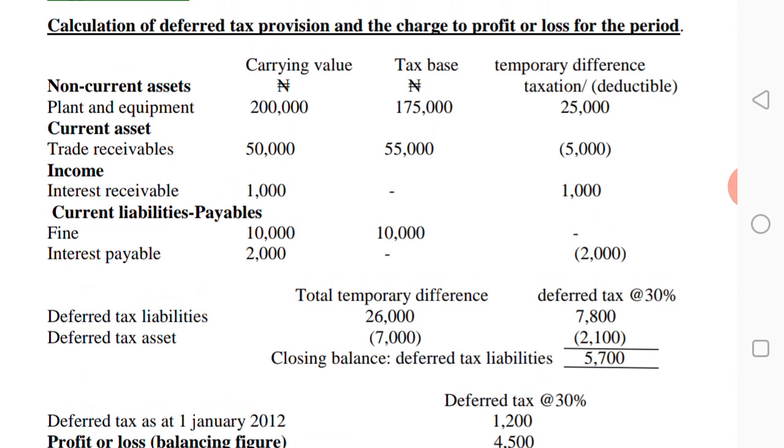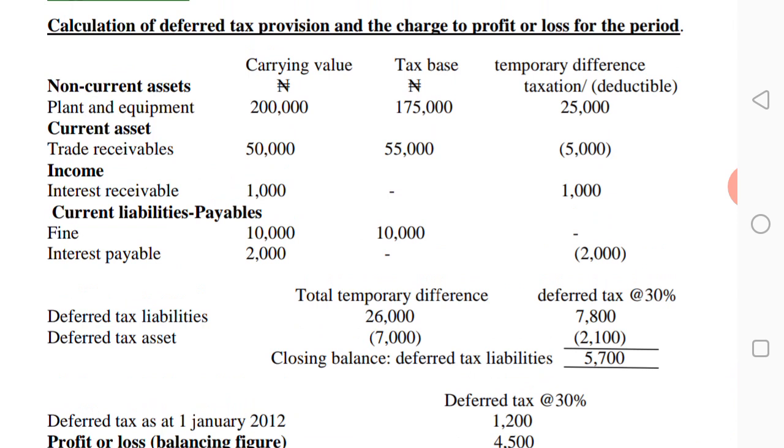But when the tax base is higher than the carrying amount, it will lead to a deferred tax asset. Now for income, when the carrying amount is higher than the tax base, it will lead to a deferred tax liability. That means income and assets are the same thing, the same method, the same procedure, the same result.